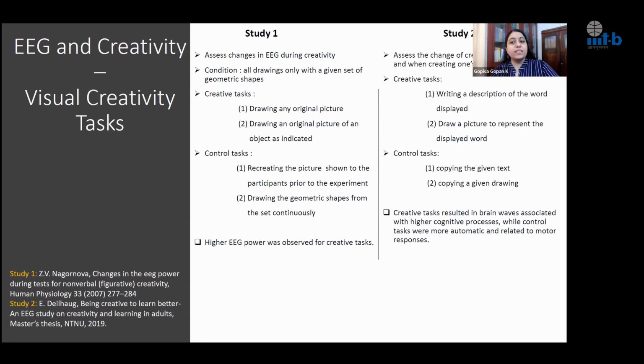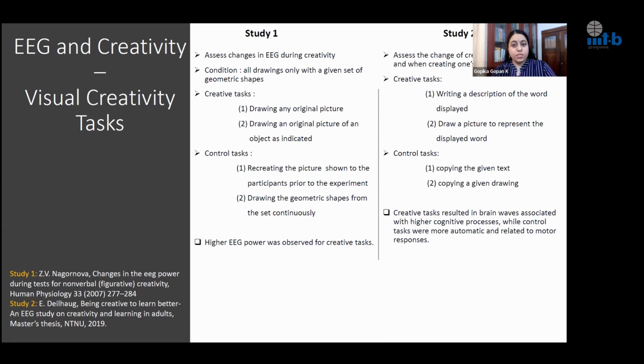In the second study, they tried to assess the change in creativity level when copying, or when a person is creating one's own drawing or a text description. So here there are two tasks. In the creative tasks, the first is writing a description of the word displayed, and the second is drawing a picture to represent the displayed word. In control tasks, the two are copying a given text and copying a given drawing.